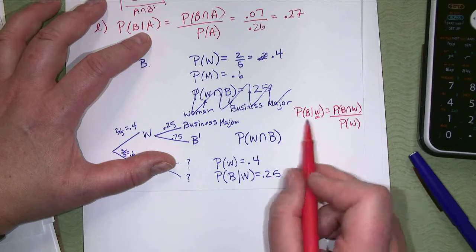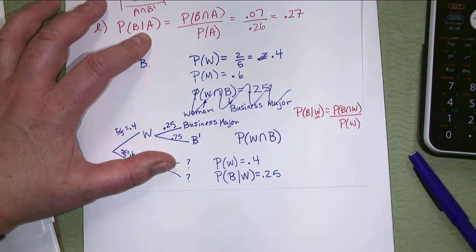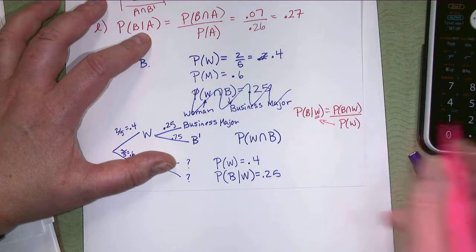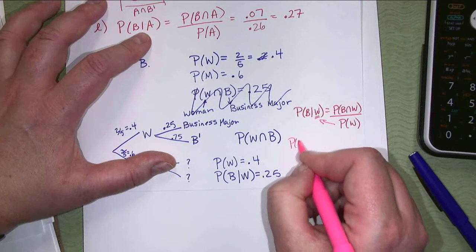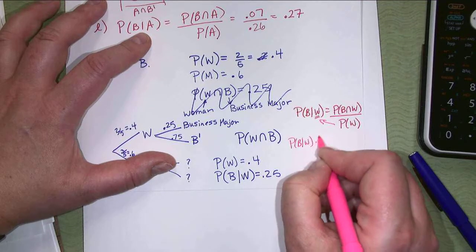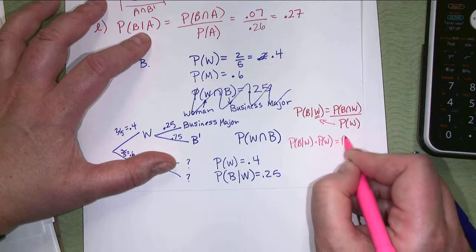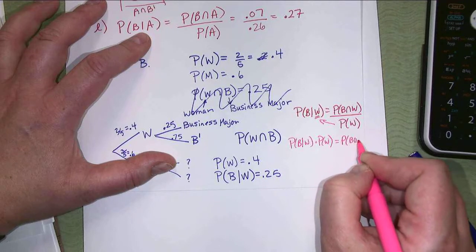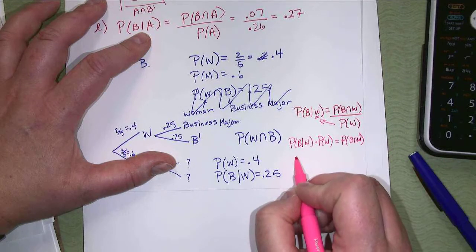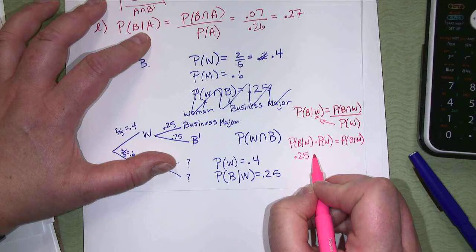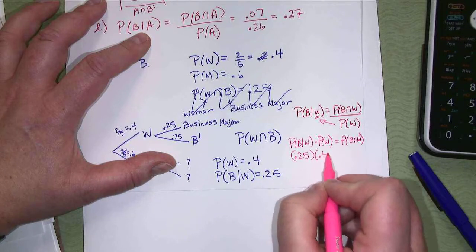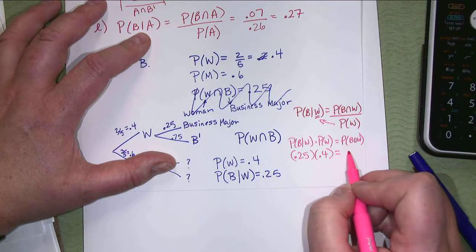So we would actually just multiply them. If you cross multiply here, the probability of B given W times the probability of W is equal to the intersection. So this is 0.25 times 0.4.